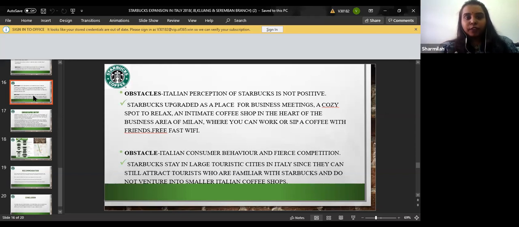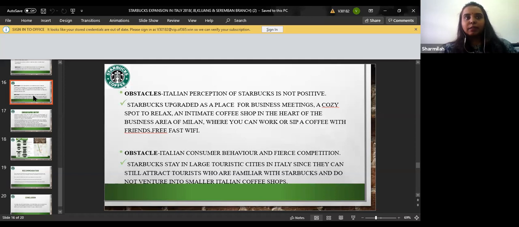They have to improve the aesthetic value of the places so they are liked by all the Italians and people around the world, and mainly focus on the Wi-Fi. The speed of the Wi-Fi should be super good so that people will go there for the free Wi-Fi. And next, Italian consumer behavior and fierce competition.